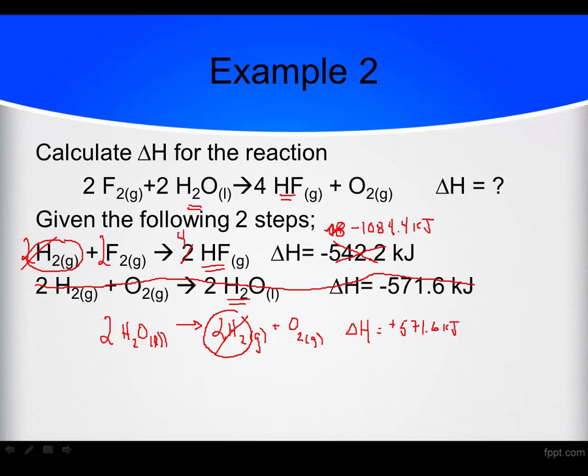On the right side, I wound up with 4 hydrofluorics and 1 oxygen. So I'm going to want to add negative 1,084.4 to positive 571.6. I'm going to have to rely on you guys because I don't have this one pre-calculated. So when I take my negative 1,084.4 and add it to the positive 571.6, I am getting 512.8 kilojoules as my delta H. It's a little bit of a puzzle.